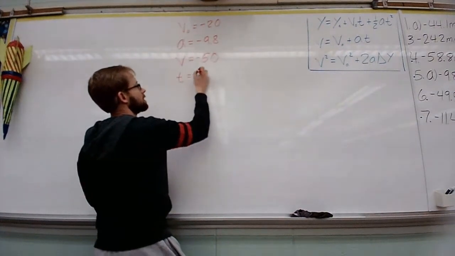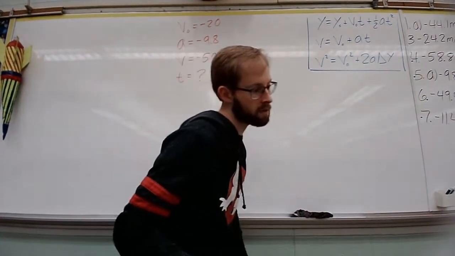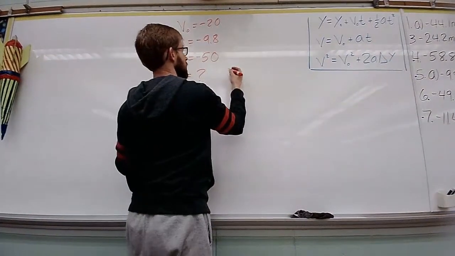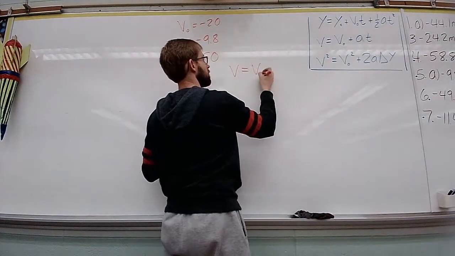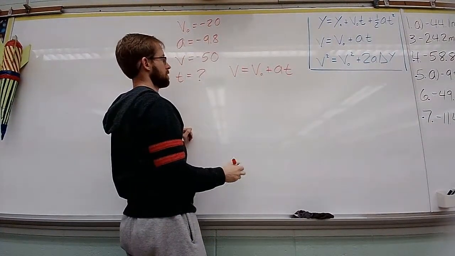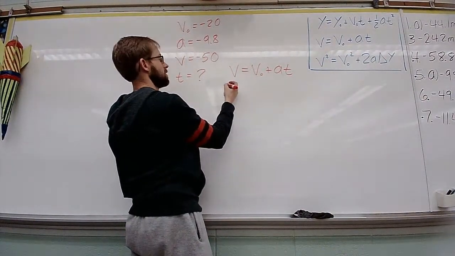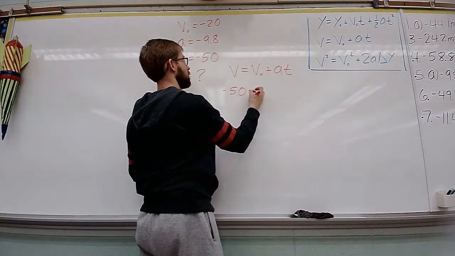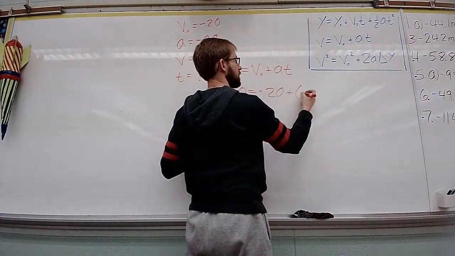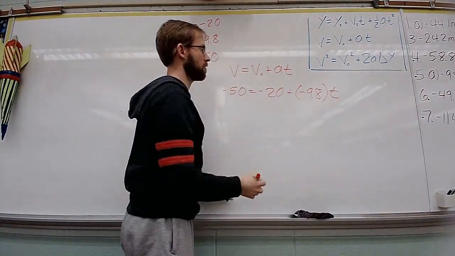How long does it take for this object to reach that negative 50 meters per second? So, we'll just use that equation over there. And we know all those numbers except time. Final velocity is negative 50. Original velocity is negative 20. Acceleration, negative 9.8. And it turns into an adorable math problem.